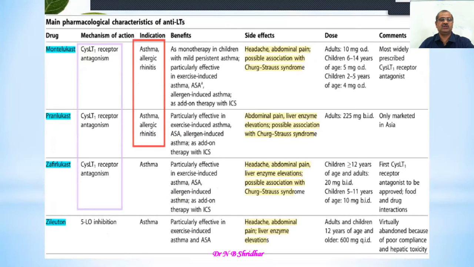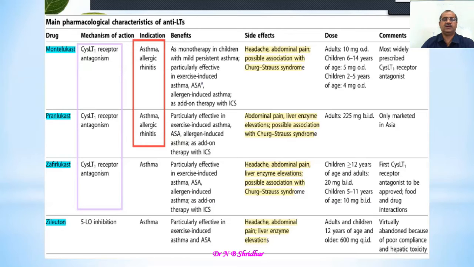And here you can see in what all conditions the drugs, especially the LT1 receptor antagonists, are used, and the main pharmacological characteristics of this particular drug. So the first drug is montelukast sodium, and the mechanism of action is cysteinyl LT1 receptor antagonist.